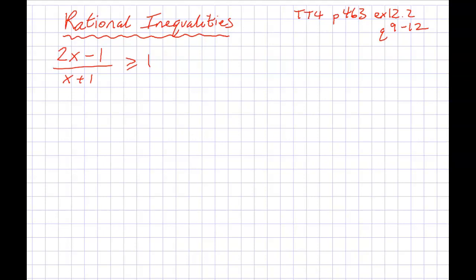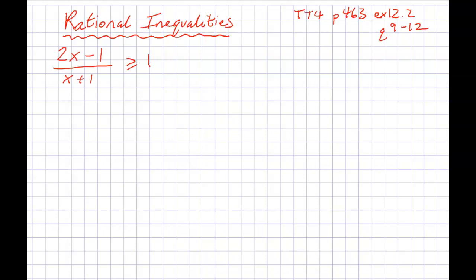The problem is that x plus 1 as an expression could be negative. If x is minus 2, minus 3, minus 4, if you put any of those numbers into that denominator, you get a negative. So we're not allowed to just multiply out by the denominator.